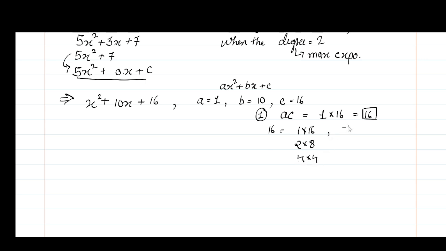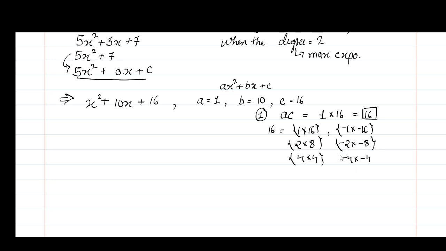And also minus 1 times minus 16, minus 2 times minus 8, minus 4 times minus 4. Now we have to figure out which pair, 1 and 16, 2 and 8, 4 and 4, out of these 6 pairs can give me the value of b.